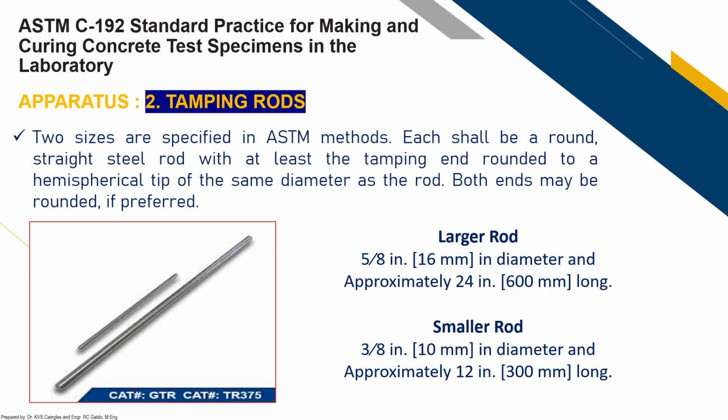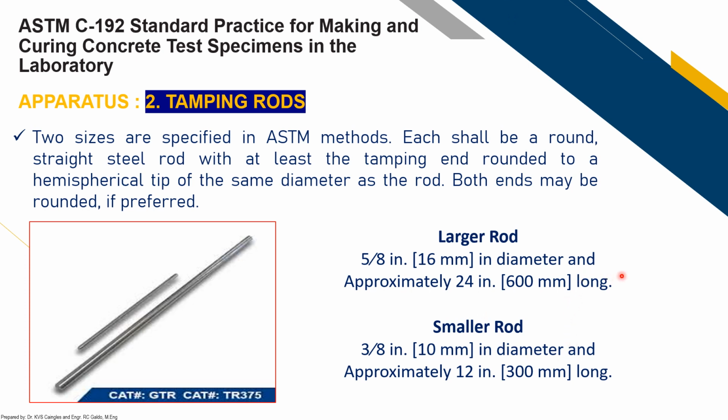Next is the tamping rods. Ang tamping rods will be used in the consolidation process. When we say tamping rods, naay duha ka klase that we use in making and curing of concrete test specimen. Duha na siya, naay larger rod and then the smaller rod.